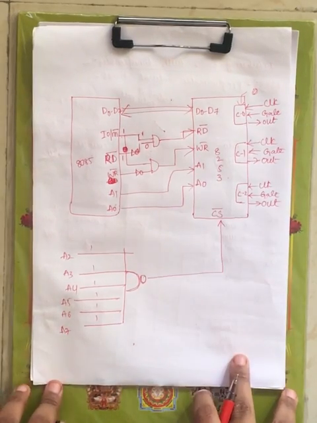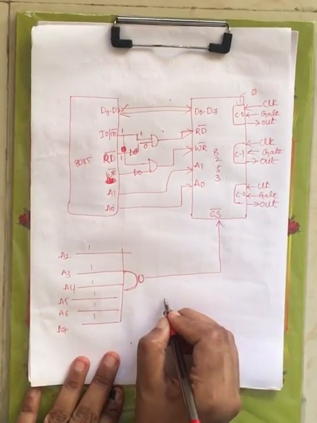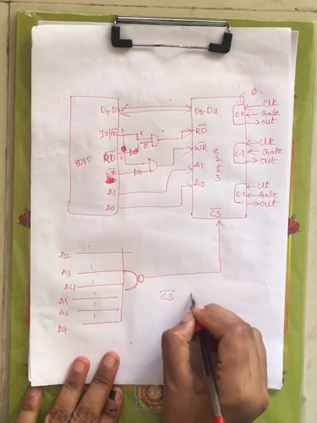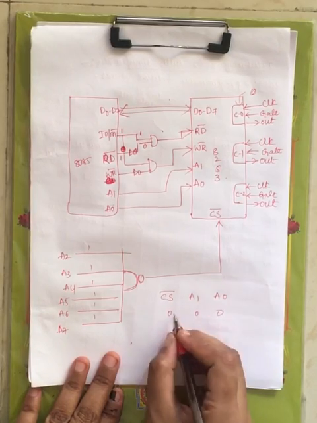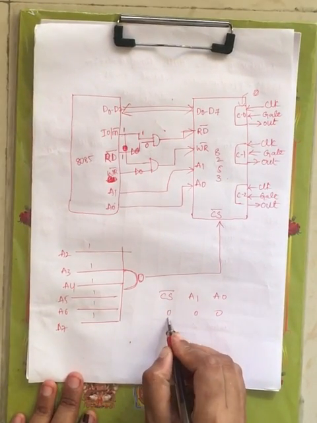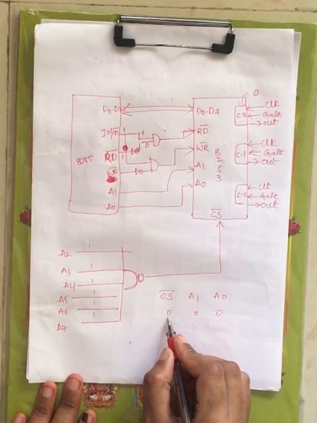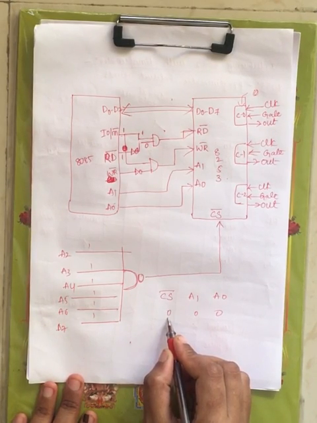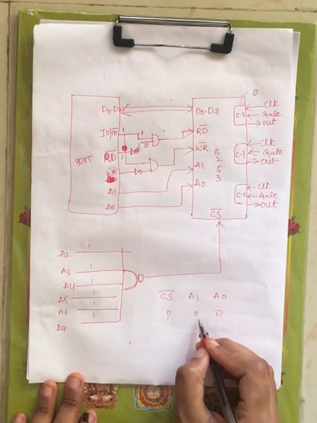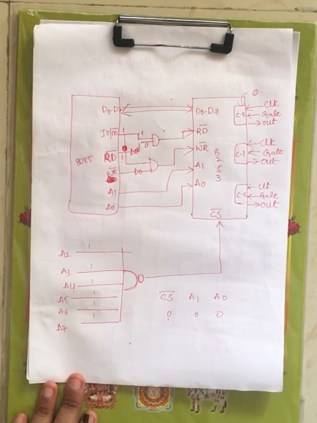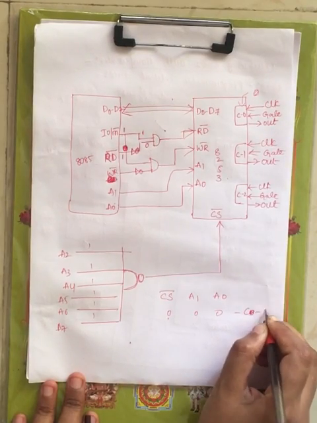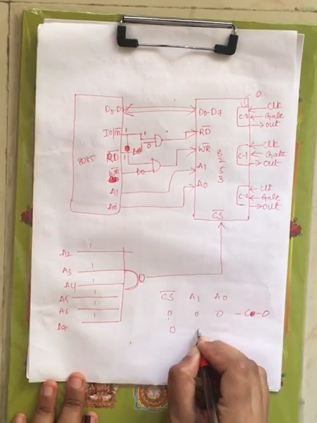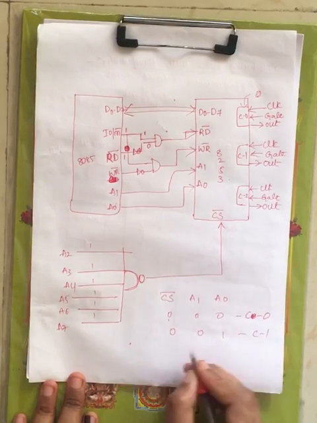Now let me briefly explain again. Here also you have one table: chip selection, A1, A0. When CS bar is 0, what does it indicate? 8253 is ready for communication with the 8085 microprocessor. Now when A1 is 0 and A0 is 0, counter 0 is selected. For 001, counter 1 is selected.